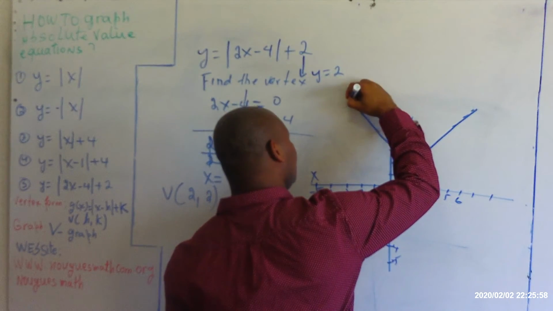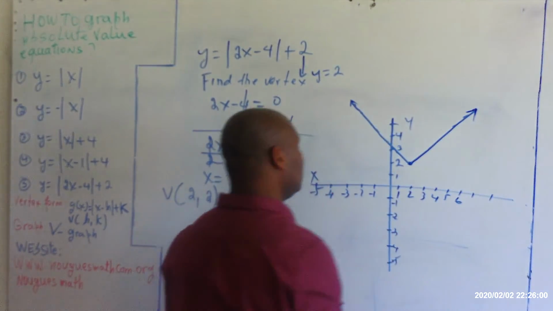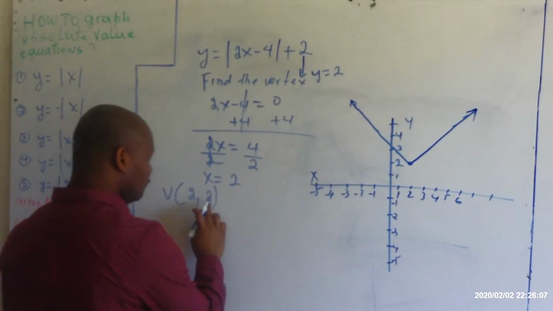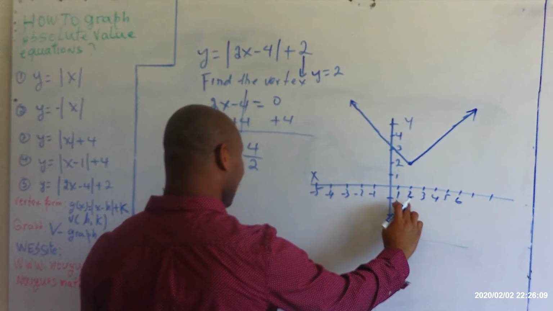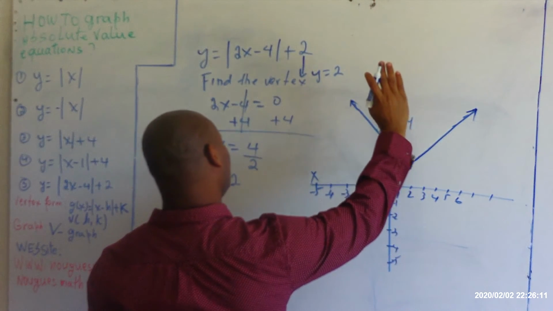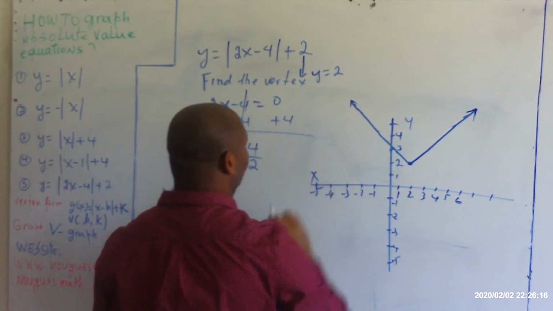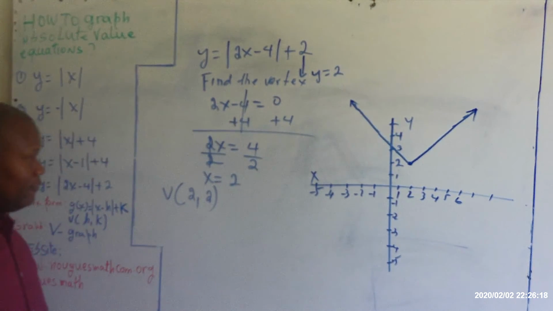The axis of symmetry. Yeah, 2 and the axis of symmetry. So my graph starts with 2, which is the x-axis, and goes up, start from 2. So this is the graph.